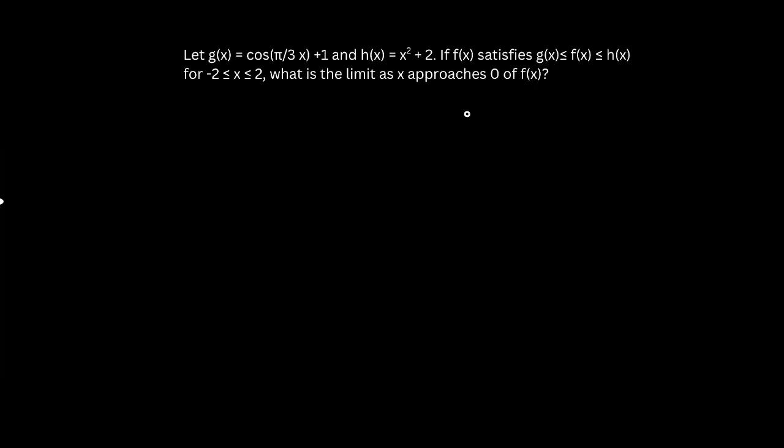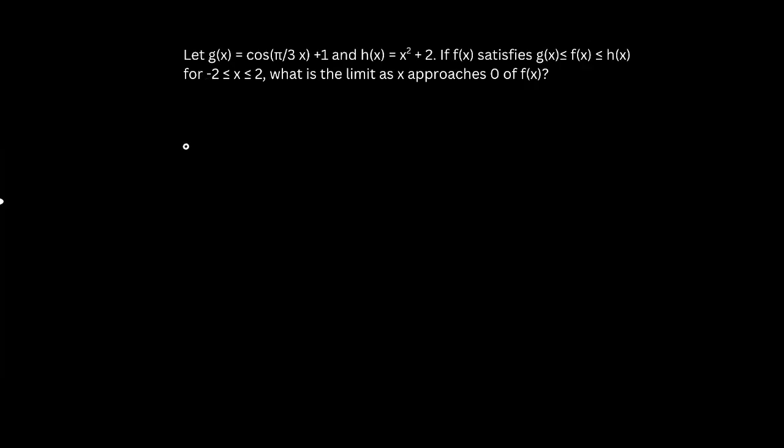So we simply have to find the limits of these outer functions, g of x and h of x, and if they are equal to one another, then we have found the limit of f of x. Here, this negative 2 constraint is really just there to distract or confuse you. It doesn't serve any purpose in this problem. So do not get confused by this value, which is a common misdirect on the AP exam.